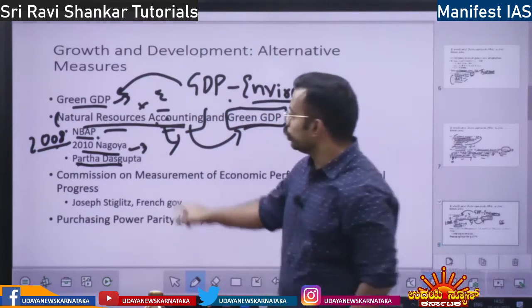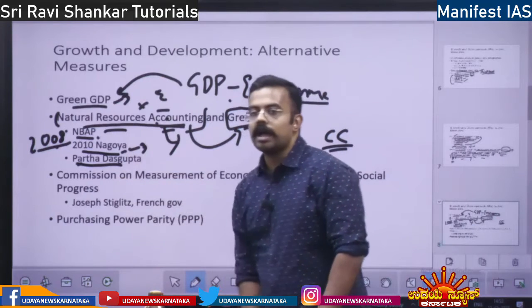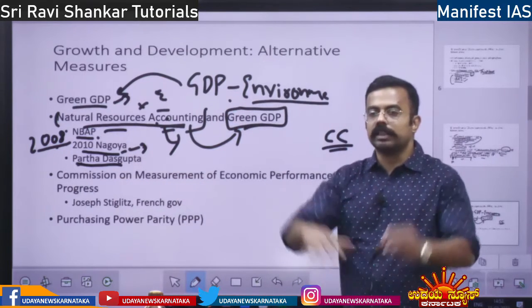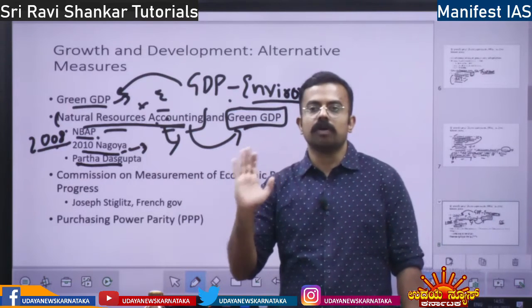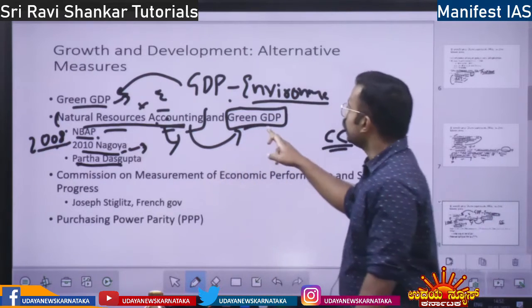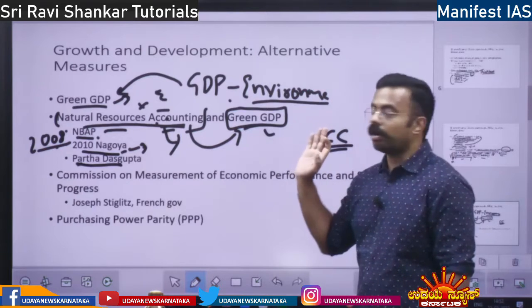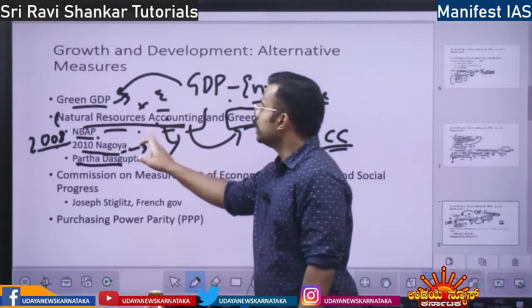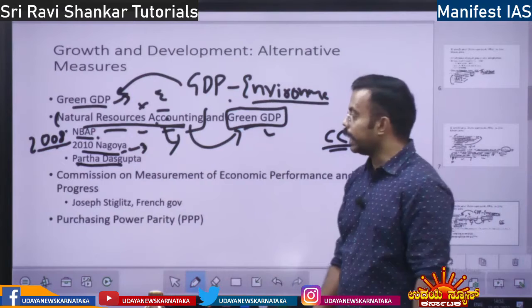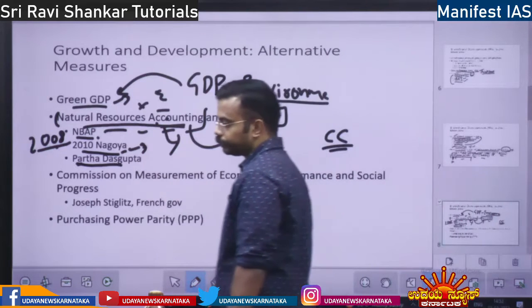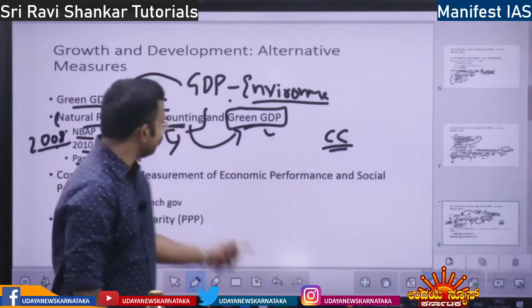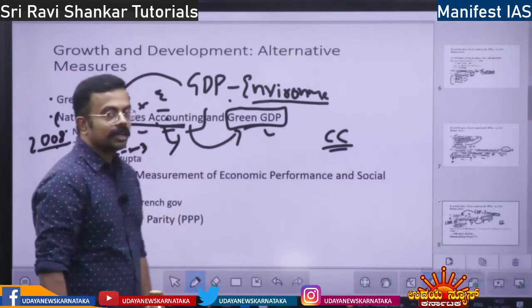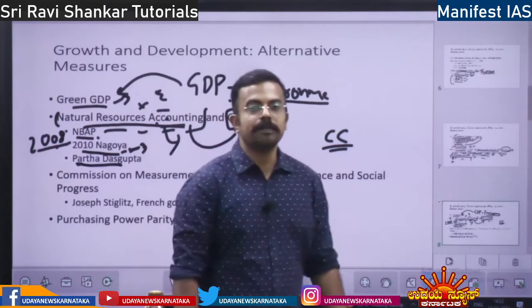So in 2010, India goes to Nagoya in Japan. There all the countries would have come. India promises that from now onwards, we are going to calculate green GDP, or we will do the national resource accounting. Clear? So green GDP, actually China, after this Nagoya, starts publishing the green GDP.